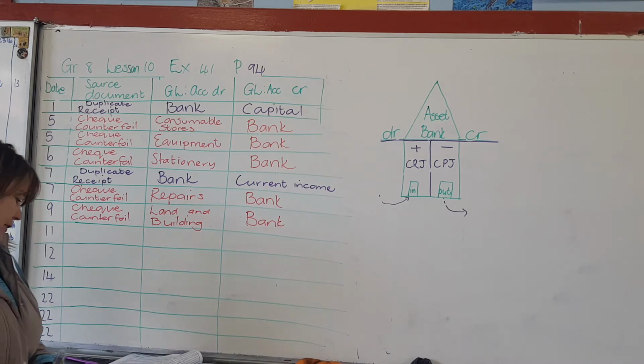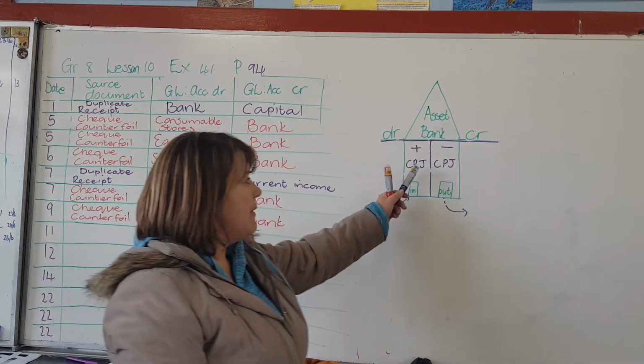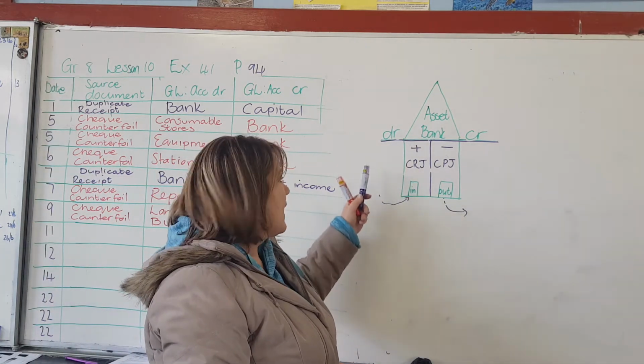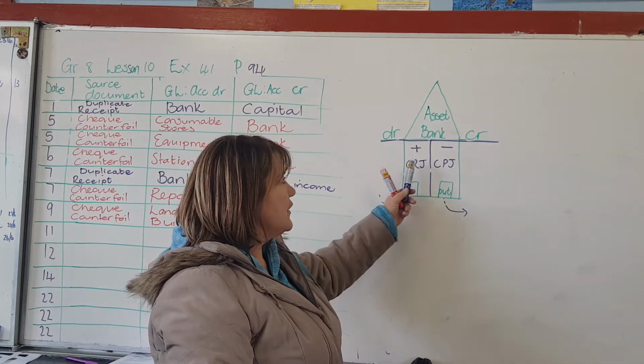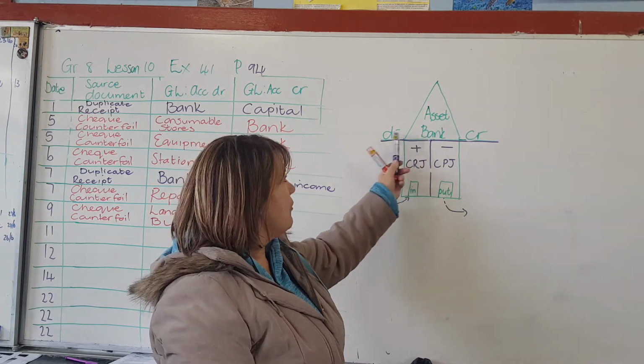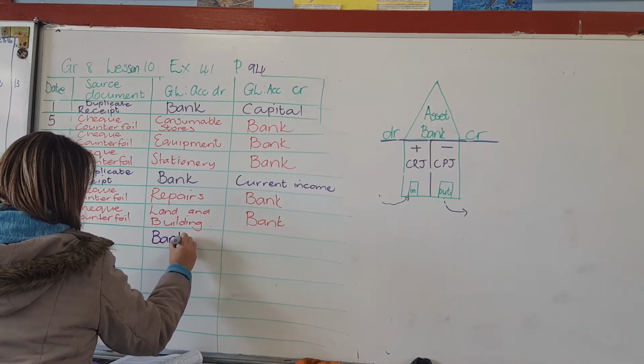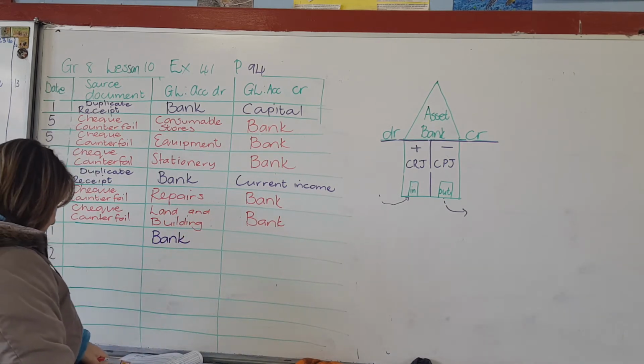On the 11th, received from a client. So you've received money. Money flows into your bank account. So your bank account is going to increase. So your bank will be debited. For what? From your client for service rendered.